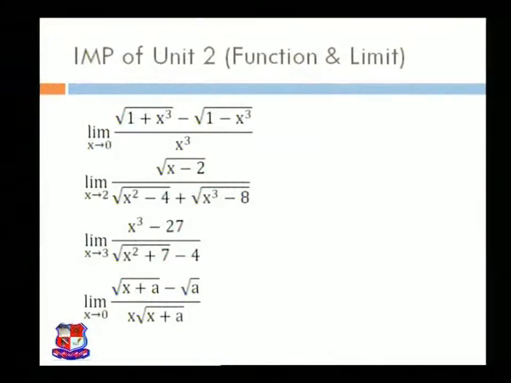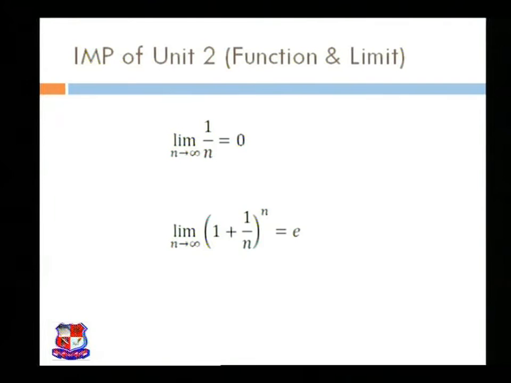Now we move to the next. Our next part of the limit solution is limit going to infinity. Up to now we have already discussed the part where x tends to 0.